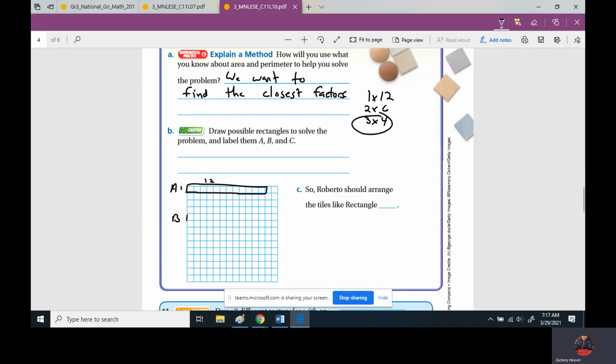B is going to be like this, and we know which is 2 and 6. And we know C is going to be like this. This is going to be 3 and 4. So he should use C.